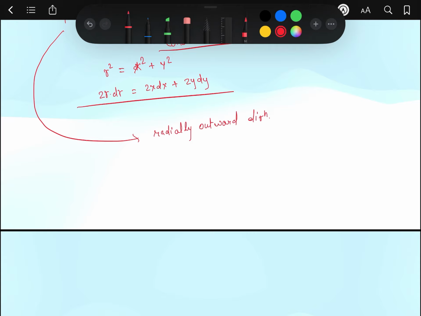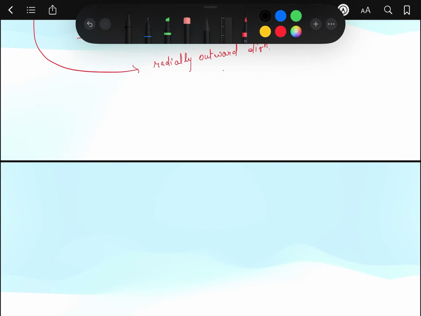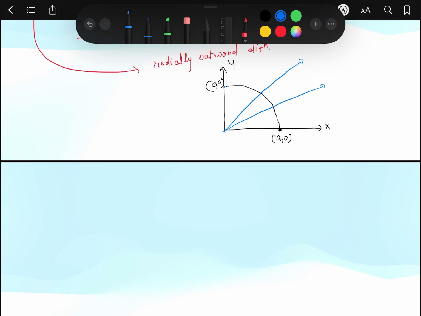Okay, so if I draw that diagram, this is our circle in the xy plane, and we are taking this particle from this point a comma 0 to 0 comma a. Okay, and the field due to this force, in other terms, is always in the radially outward direction at every point of xy.